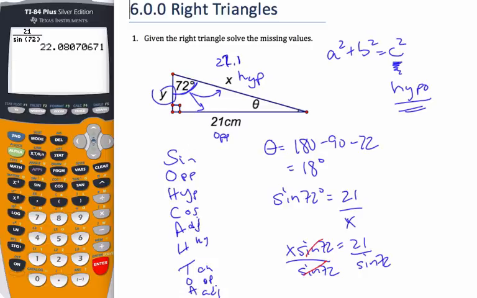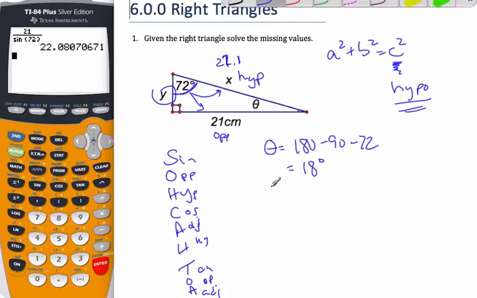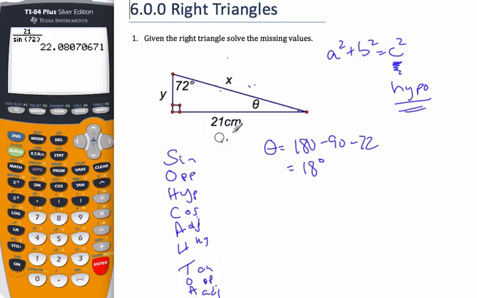I can think of several ways to do it. How would you do it, Mr. Song? I would use a tangent function. All right. Yeah. You would use tangent. And so if I'm going to use a tangent to get y, I know 72 again: 21 is opposite, y is adjacent, hence tangent.